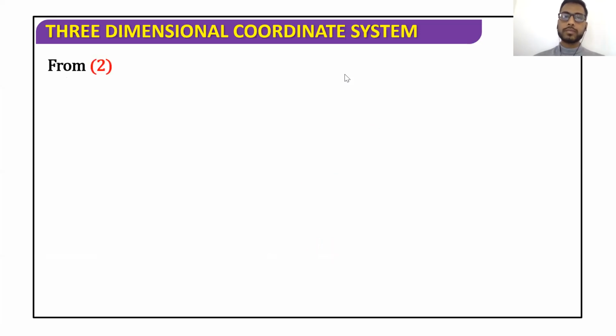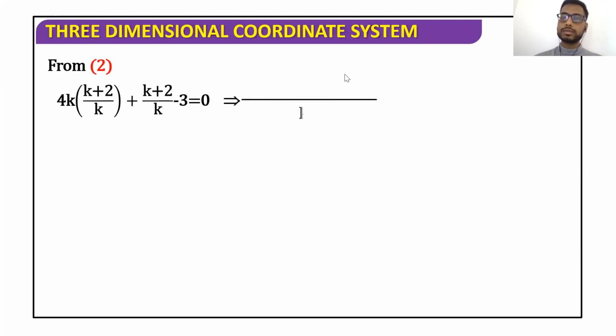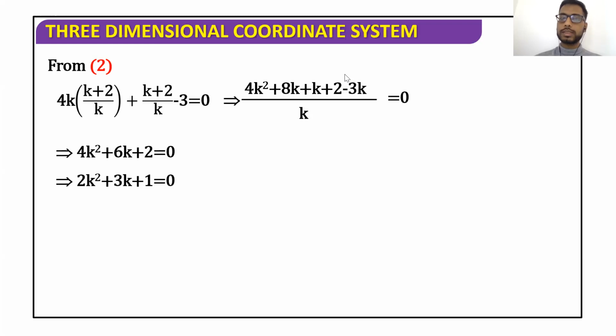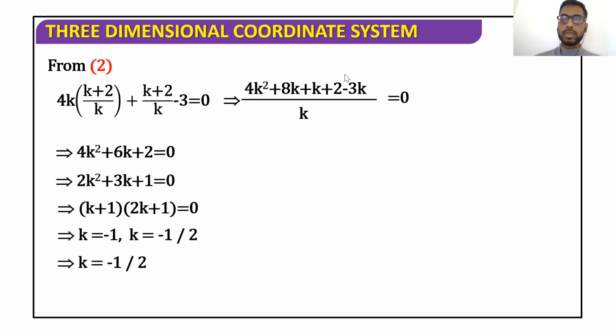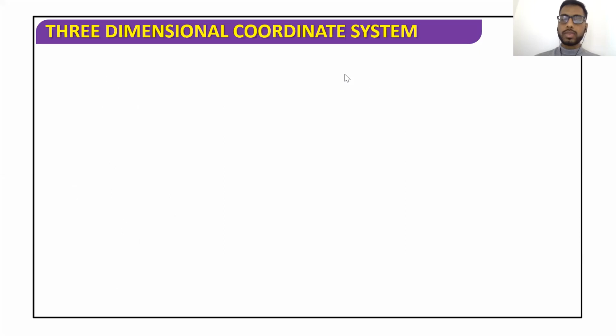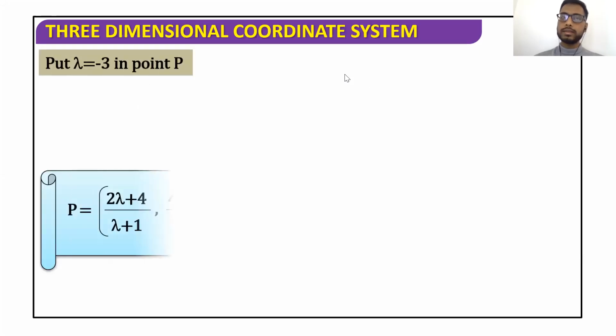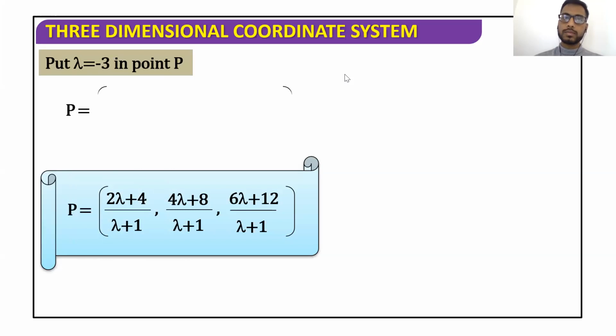You just want to find values of k and lambda. So substituting, say suppose in equation 2, you are going to get values of k. Basic factorization, k and lambda, you will get value of point P.